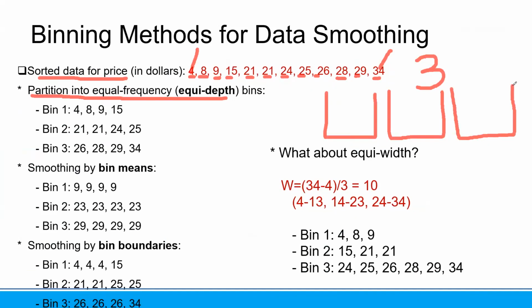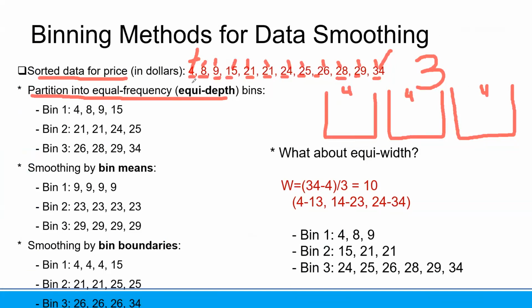If I use equal frequency, it means every bin should have the same frequency. How many data do we have? 1, 2, 3, 4, 5, 6, 7, 8, 9, 10, 11, 12. So we have 12 data. If we want equal frequency, then every bin should have 4 data.